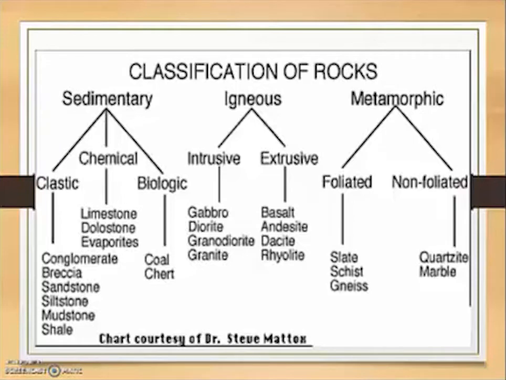Limestone, dolostone, and evaporites are chemical sedimentary. Coal and chert are biologic sedimentary.